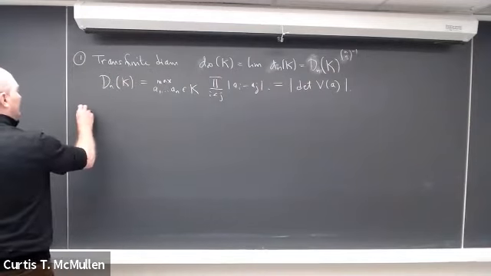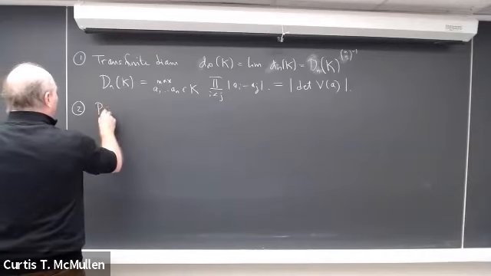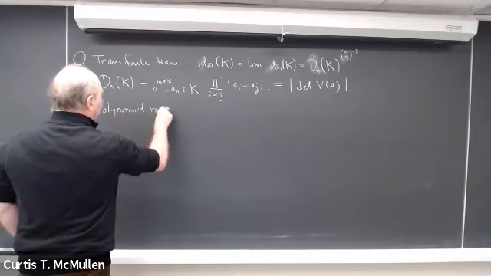The second measure of the size of a compact set is what I call the polynomial diameter, or let me call it the polynomial radius.